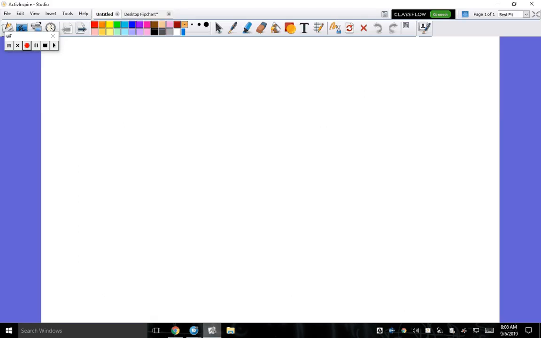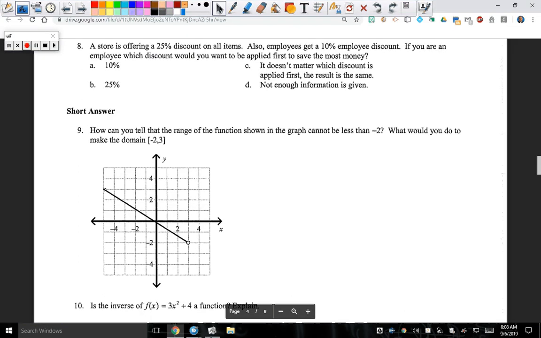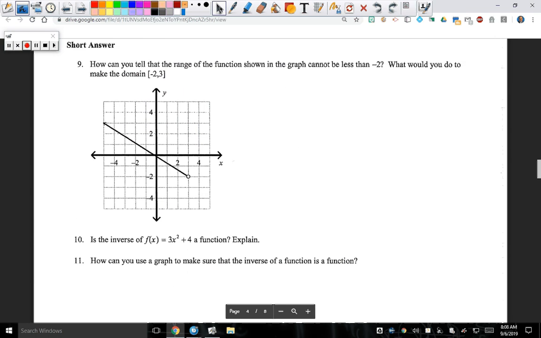Alright, so let's keep going. Number 9. How can you tell that the range, the y values, of the function shown in the graph cannot be less than -2? And what would you do to make the domain -2 to 3?